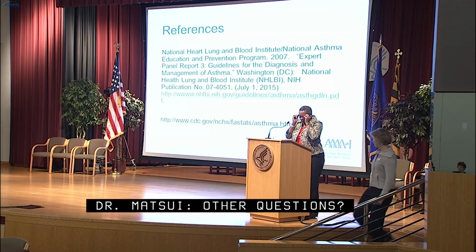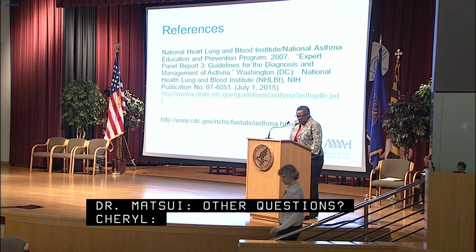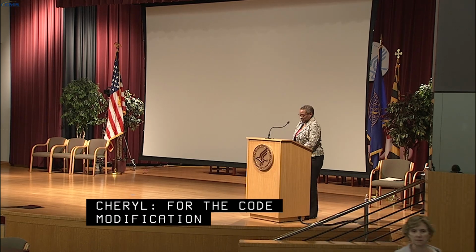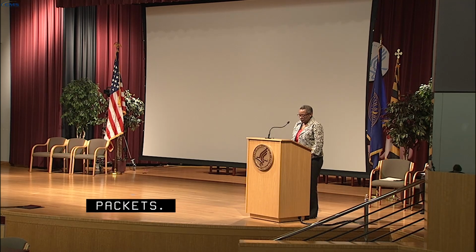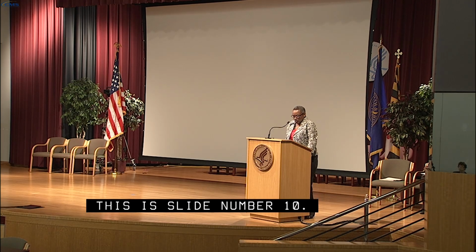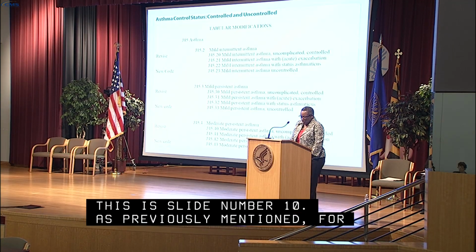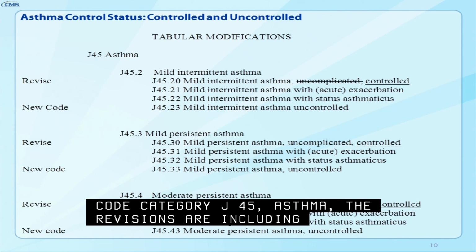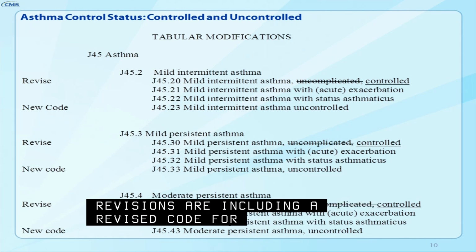Okay, the code modification proposals are found on page 18 in your package, and this is slide number 10. As previously mentioned, for code category J45, asthma, the revisions include a revised code for each of the mild intermittent asthma, mild persistent asthma, moderate persistent asthma, severe persistent asthma, and other and unspecified asthma.